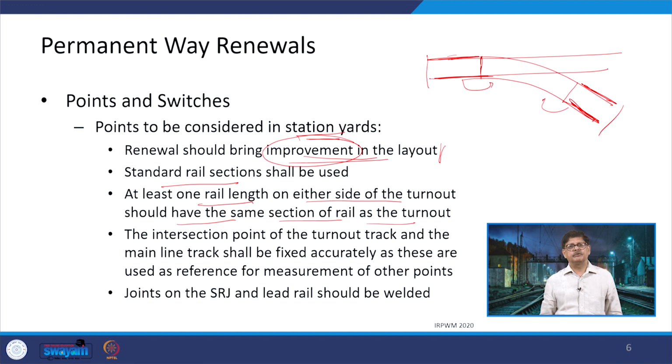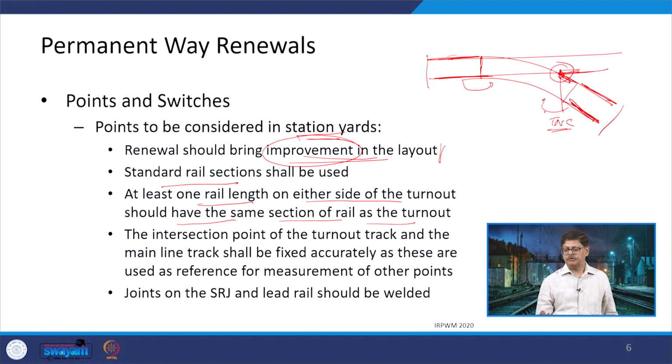The intersection point of the turnout track and the main line track shall be fixed accurately, as these are used as references for the measurement of other points. So, the point of intersection of the turnout track and the main track, this is the point of intersection here. We are talking about this crossing which has been created. It has to be done accurately, because with respect to this, the rest of the values are going to be considered. If you remember, when we designed the turnouts, we talked about the distances being taken from TNC, the theoretical nose of the crossing.